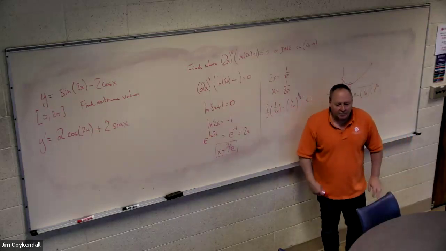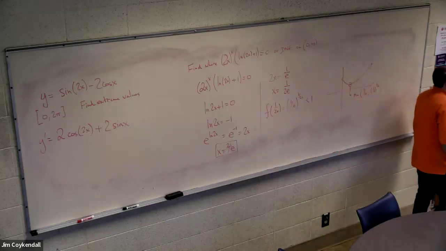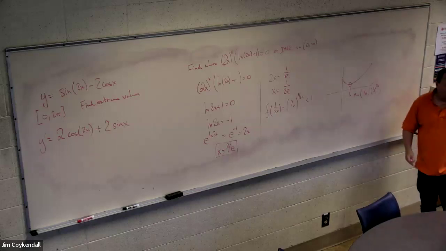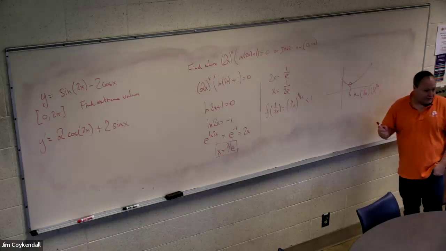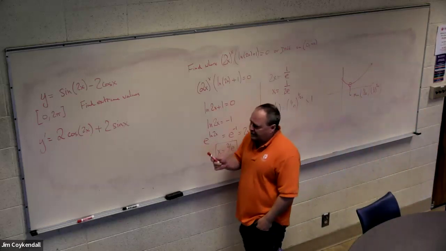The hardship we face at this point is, well, what is the hardship? We have to find the critical numbers. Those are places between 0 and 2 pi where this is either 0 or does not exist. Does not exist doesn't happen for this particular one because this function is continuous. But 0, that's a problem. What's the biggest problem that you all see?